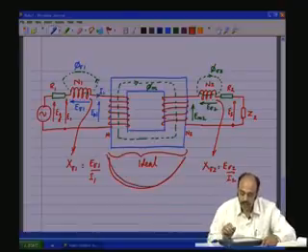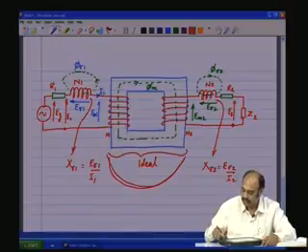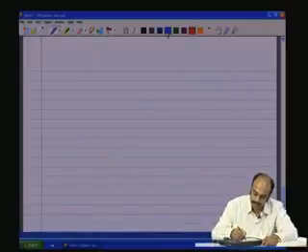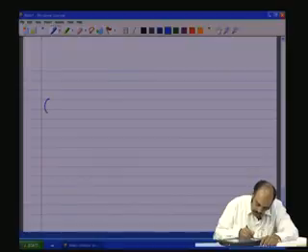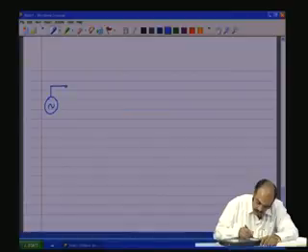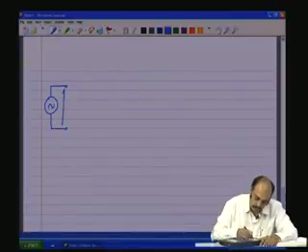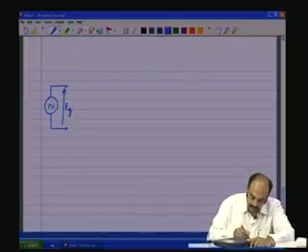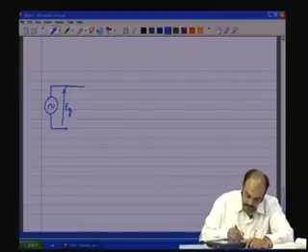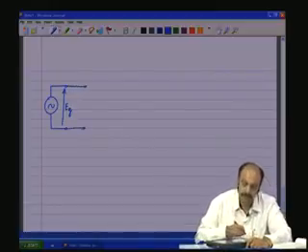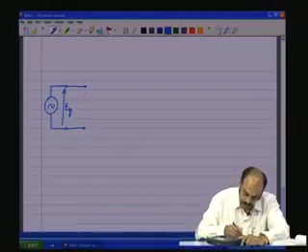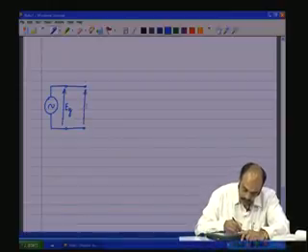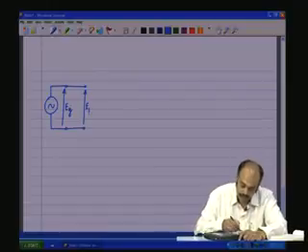So, the entire equivalent circuit can be written in the following manner. We have a source with generator voltage E g, and this source is connected to the terminals of the transformer, and this would be E1.